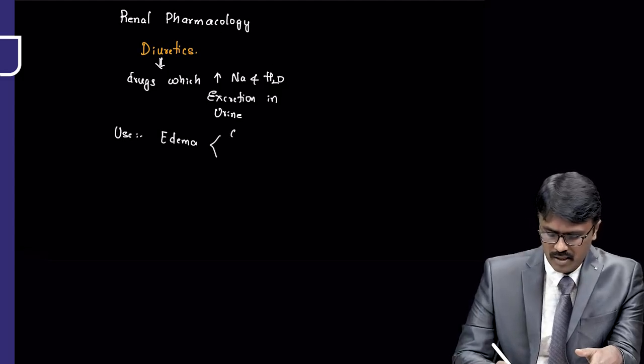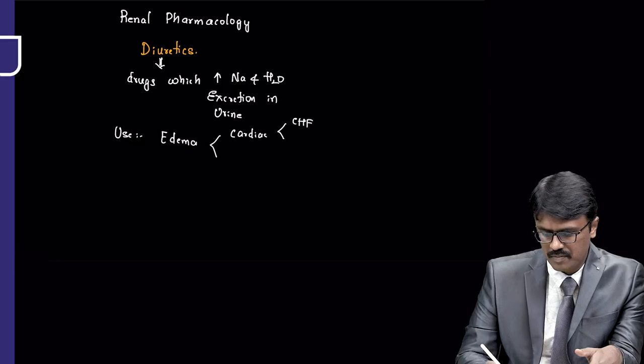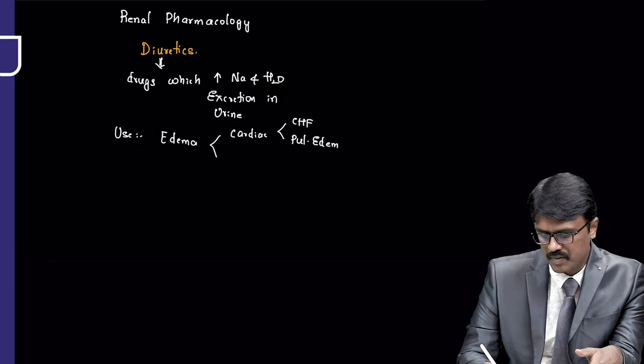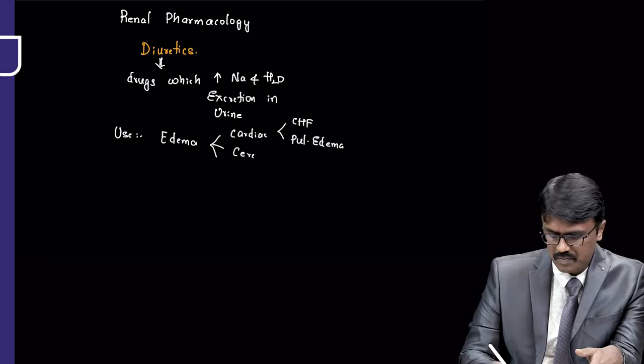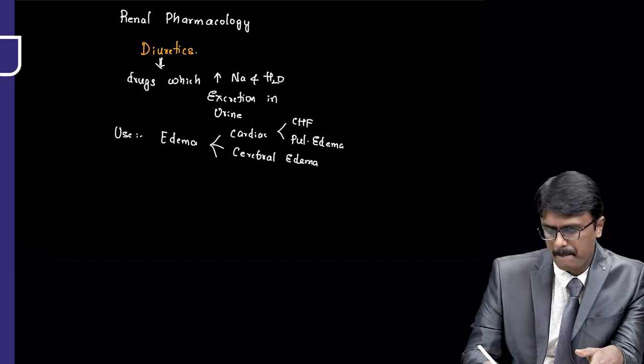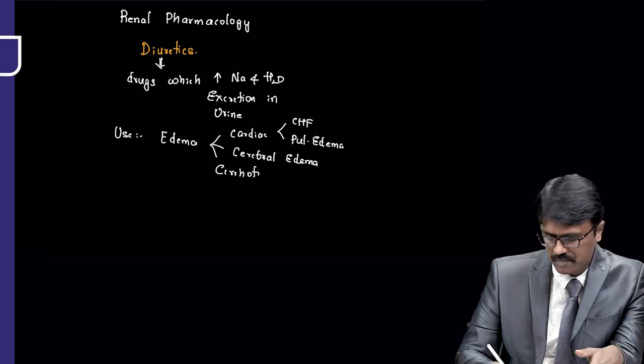What is the reason for edema? For example, the cardiac reasons. A patient having congestive heart failure may develop pulmonary edema. So there we use diuretics. Or head injury, a patient may have cerebral edema, or a patient may have cirrhotic edema, or a patient may have edema due to kidneys.